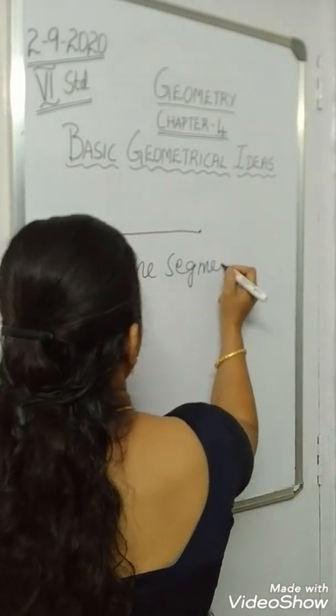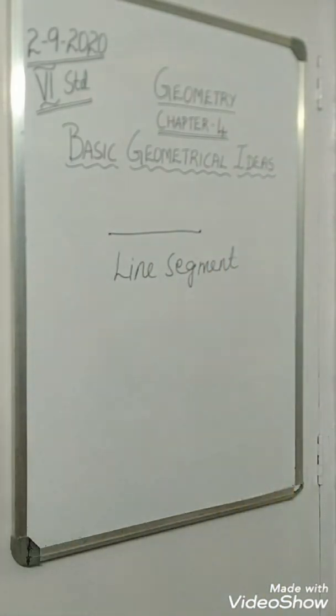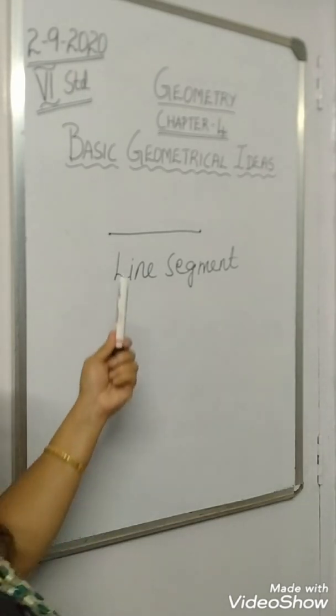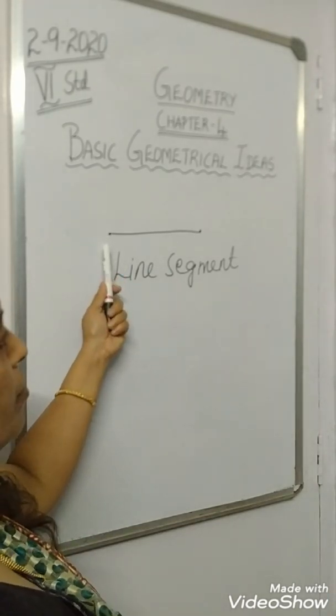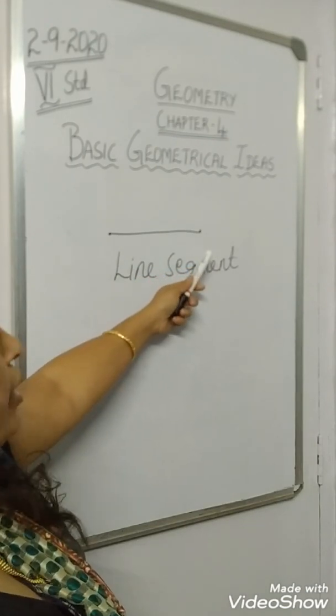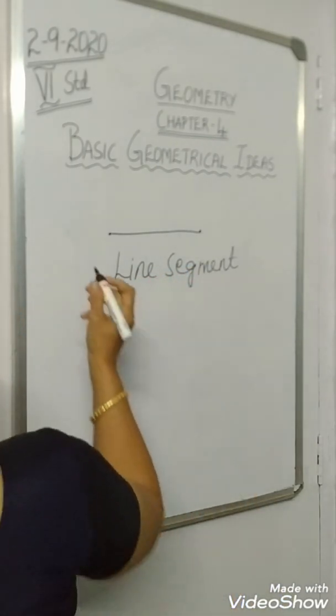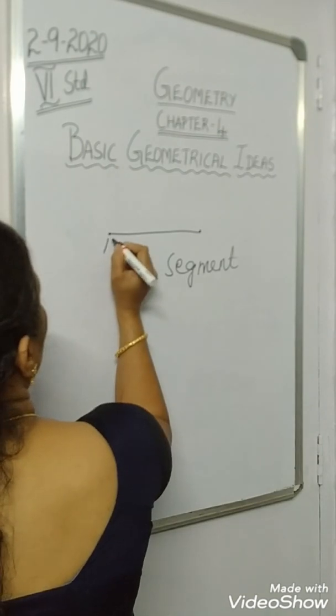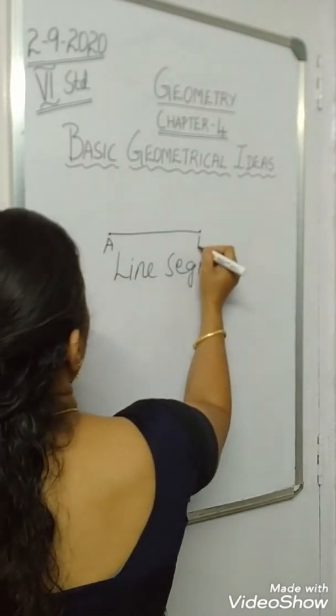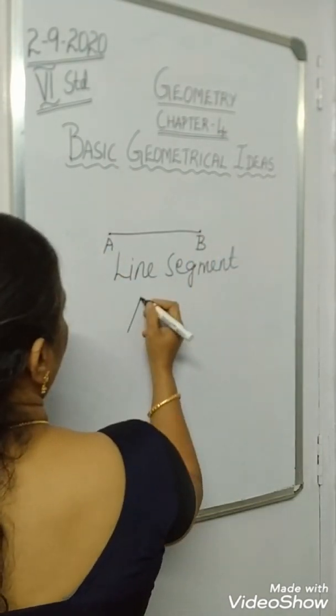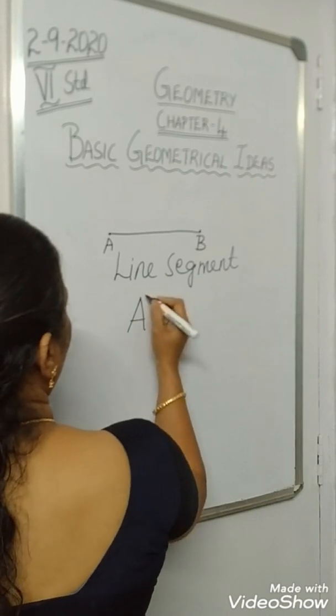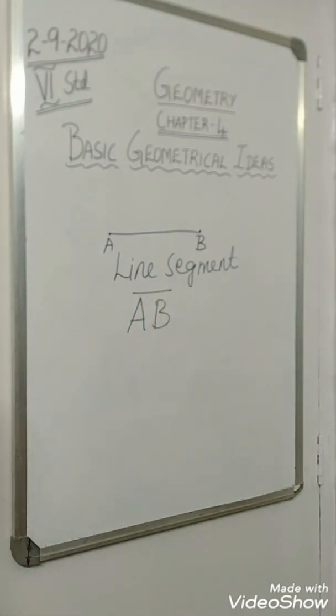A line segment is nothing but a line which contains a starting point and an ending point. We can represent it as AB, suppose. So, AB is a line segment.